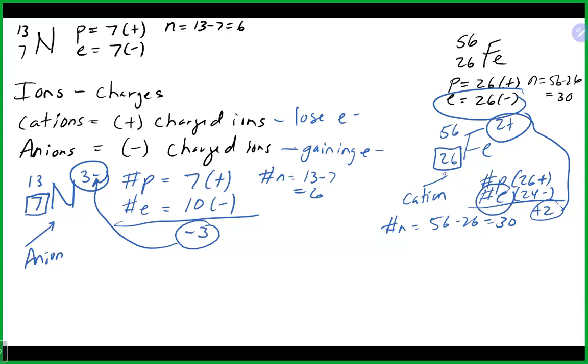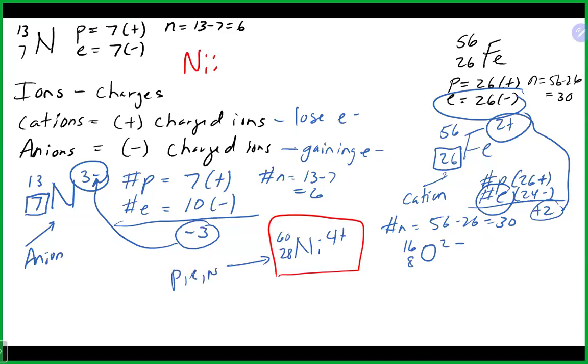So for example, if I had a nickel with a +4 charge, and let's just say I had an oxygen with a -2 charge, for each of these, let's do protons, electrons, neutrons. Our number of protons should be equal to our atomic number, which is the bottom one, which is 28. In this case, we do have a +4 charge, which means it's a cation. Once again, the positive charge means that it has lost electrons, and actually lost 4 electrons.